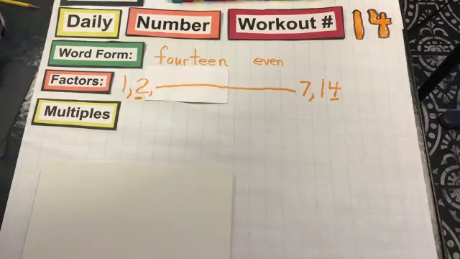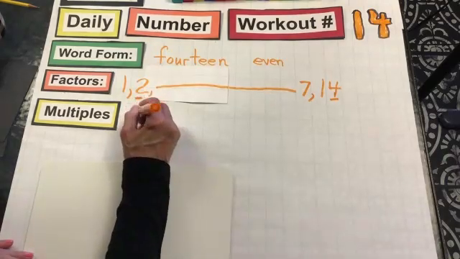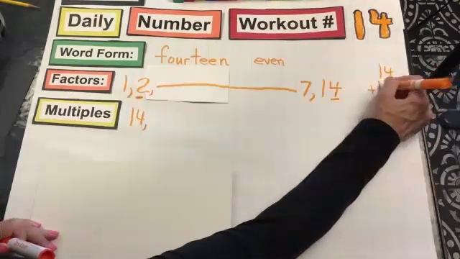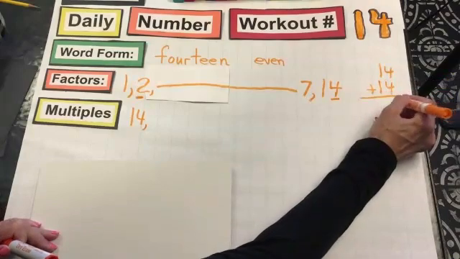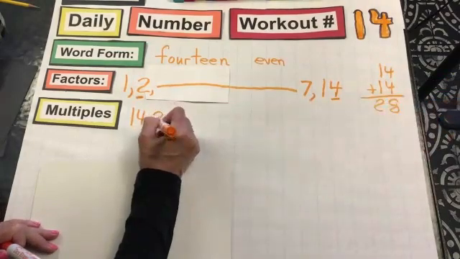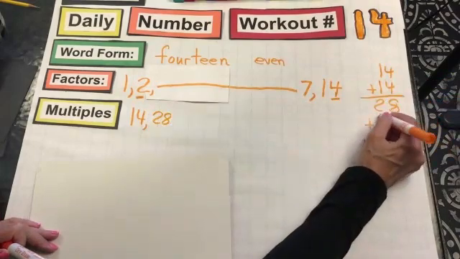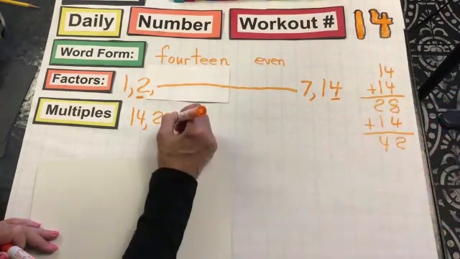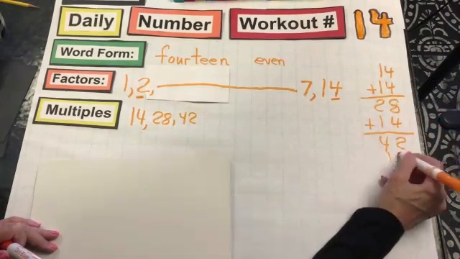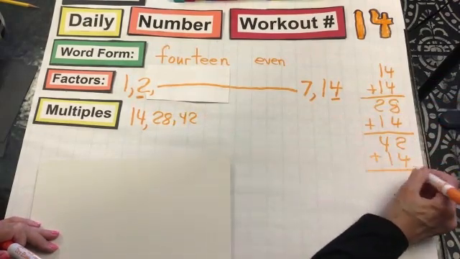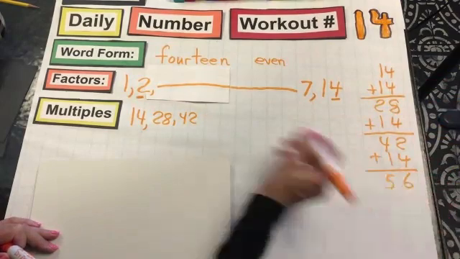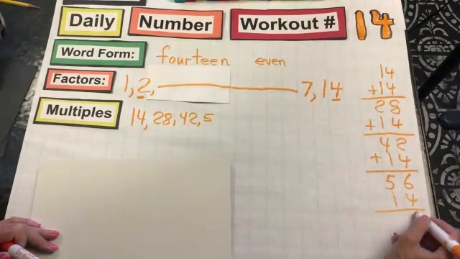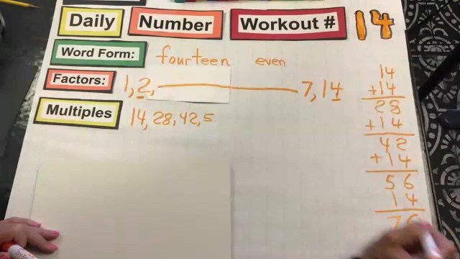All right. So we know 14. And now we need to do 2 14s, which would be 14 plus 14, which equals 28. 3 14s, so we add another 14 to that, equals 42. 4 14s, if we add another one to that, equals 56. 5 14s, if we add to that, equals 70.